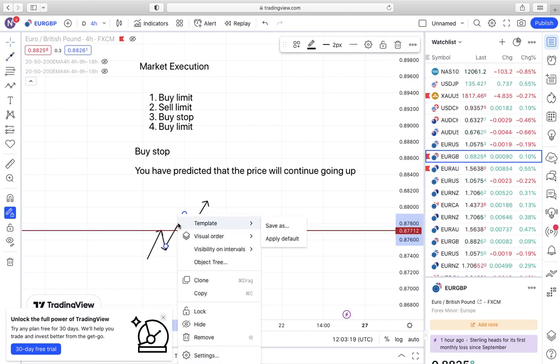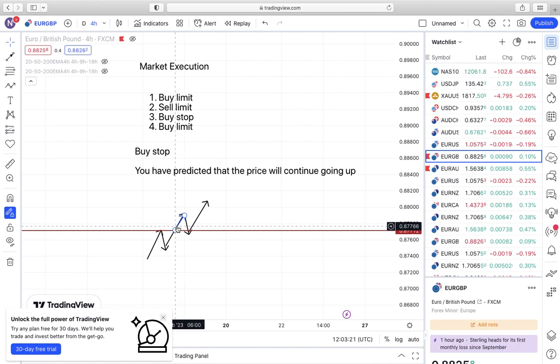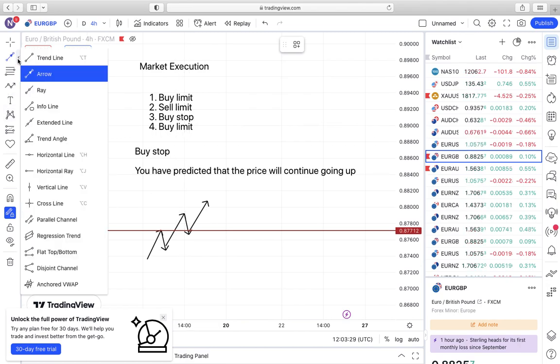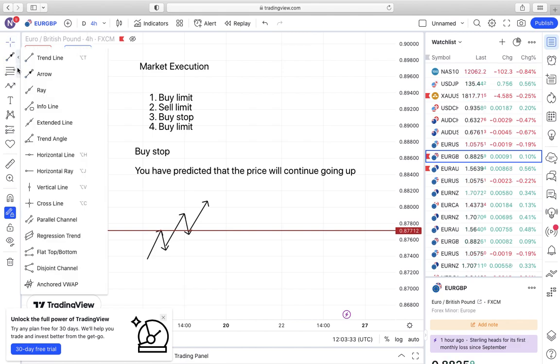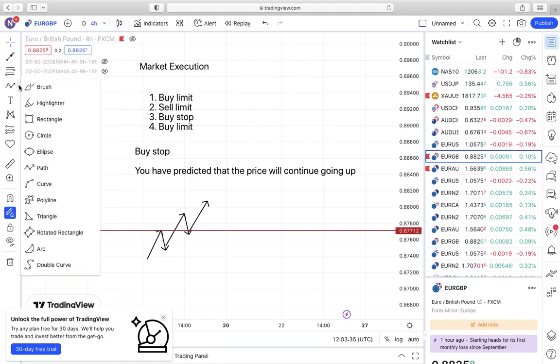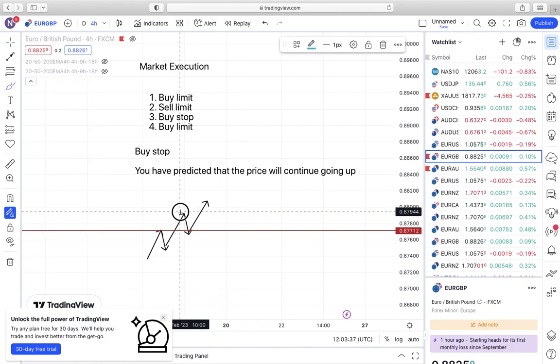Sorry, because that one is on the same price line, you can't set a buy stop there. Let me say you predicted that the price will go up. Sorry guys, let me show you. You are going to set a buy stop here at this place.